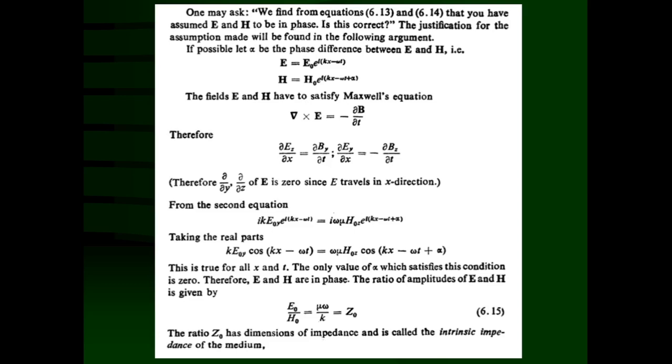Second thing, for plane wave solutions, the wavefront is along the yz plane. That means at every point on the yz plane, the electric field and magnetic field components are going to be constant. Variation of the electric field and magnetic field over a particular wavefront is not permissible. So del y and del z are also going to be 0.